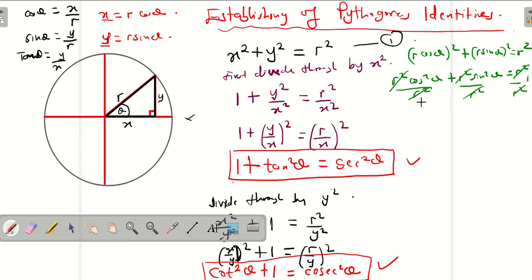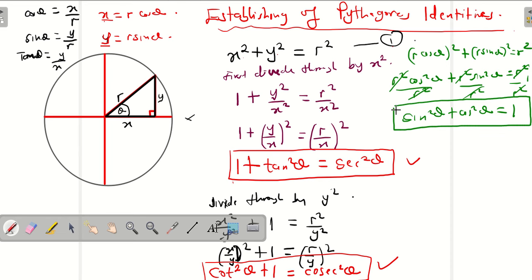So in all, we are going to get cos squared theta plus sine squared theta, or sine squared theta plus cos squared theta, to be equal to 1. And that is also another identity. So there are 3 identities here that we need to take note of.